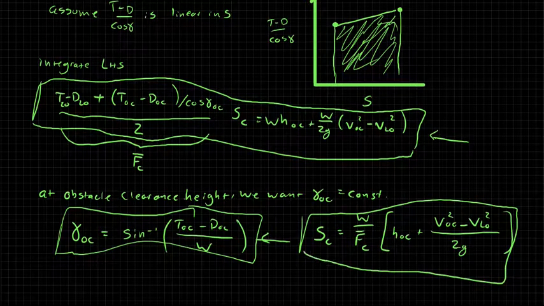Okay, where F bar sub C is this first term here, and gamma OC comes from this.